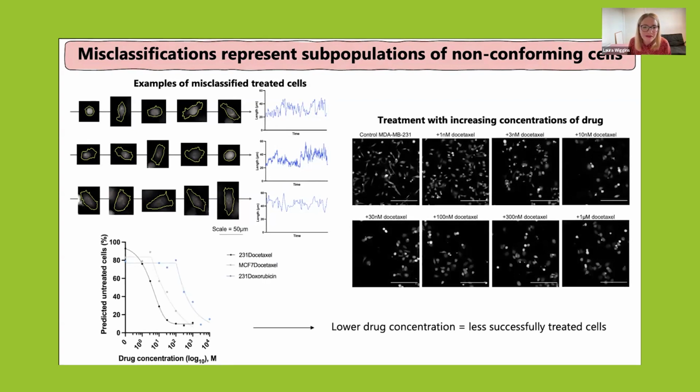And that's exactly what we saw. So we saw that as we increased drug concentration, we had more cells classified as treated. And therefore, we were able to quantify on a population level how much or how little a population had responded to the drug. And that's just using Selfie's cell type classification models.